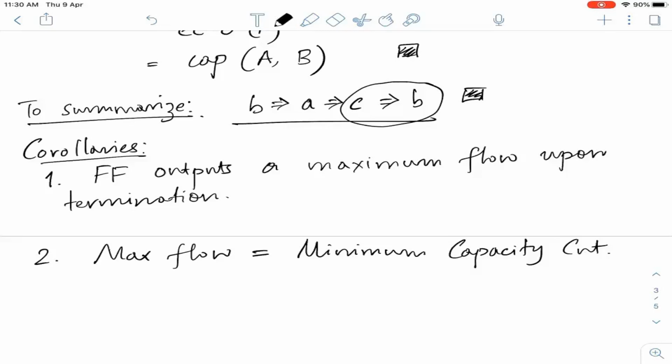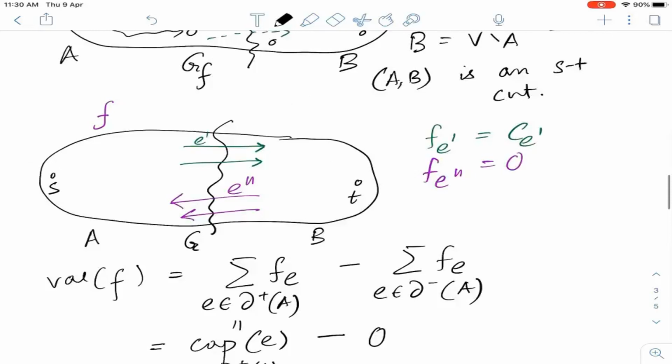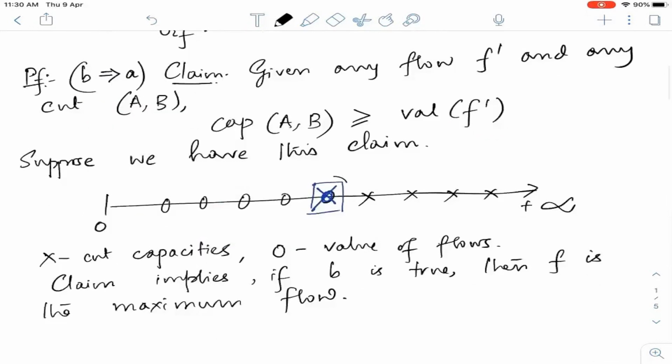And the second property is essentially a consequence of A implies B. Remember, if we look at this cartoon, then if I have a condition that the cross and the circle meet each other at some point, then we can claim that this is the maximum value of the circle and this is the minimum value of the crosses.